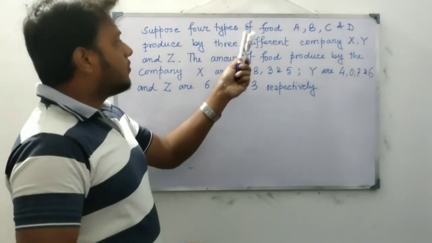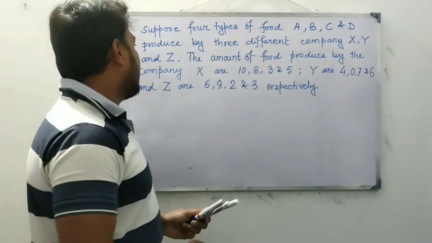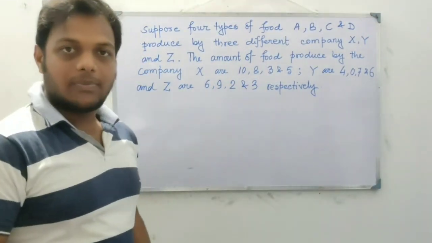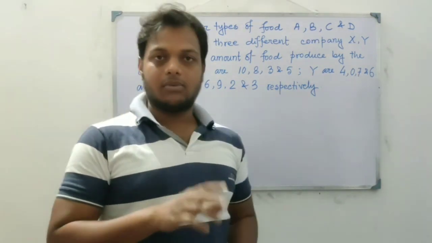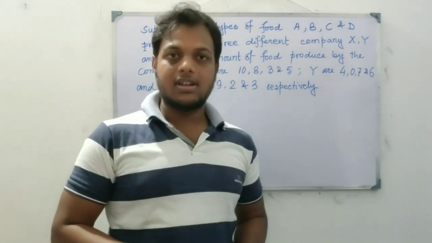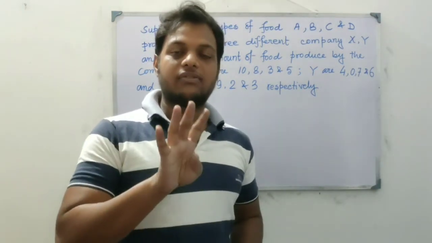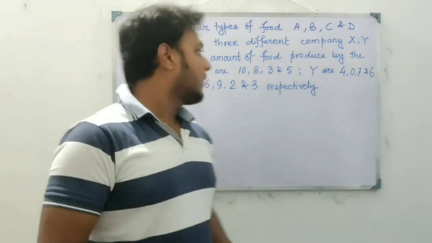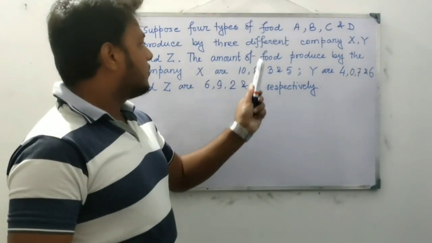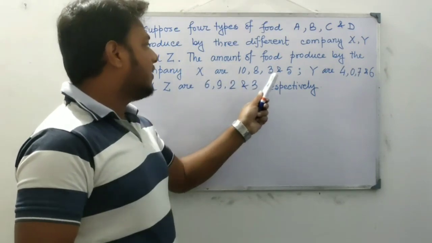Suppose 4 types of food A, B, C and D are produced by 3 different companies X, Y and Z. The names of the companies are X, Y and Z, and each company produces 4 different types of foods. The amounts of food produced by company X are 10, 8, 3 and 5.